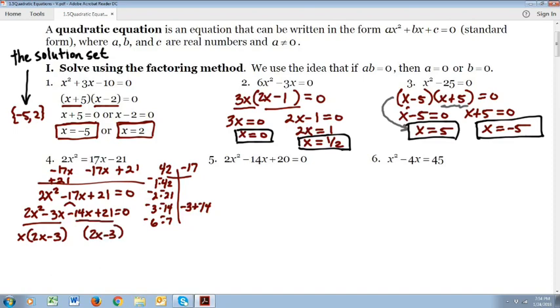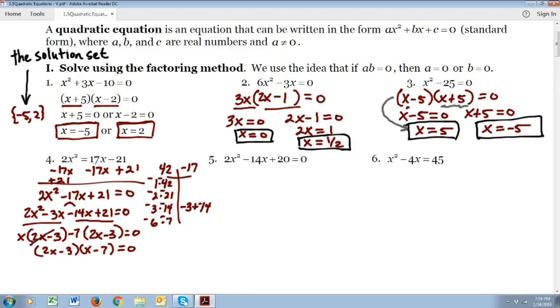And you can see to get a minus 14x, I need a minus 7 in the middle. And notice negative 7 times 2x is the negative 14x, and negative 7 times negative 3 gives you the 21. So this is good. And so now we know that's 2x minus 3 times x minus 7.